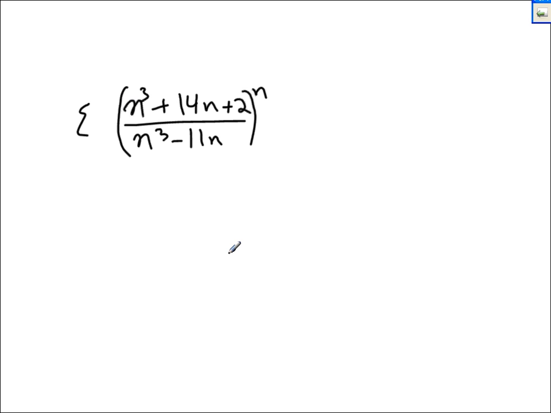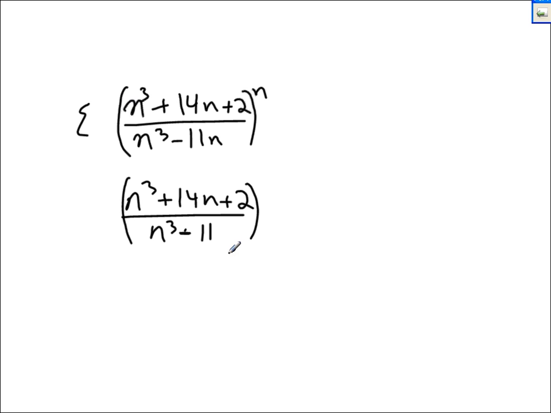Well, you want the nth root. Now this is positive, so the absolute value is just this. Okay, you want the nth root of that. That is, you want to raise this to the 1 over n power, and then take the limit as n goes to infinity.